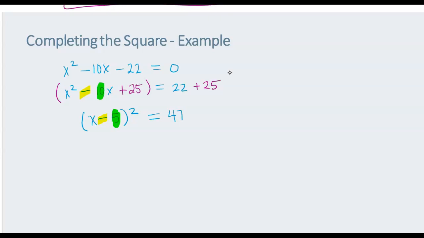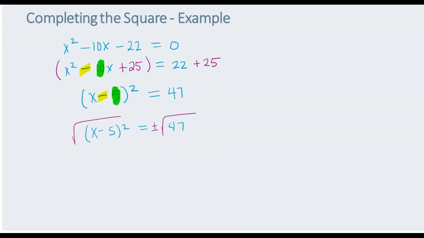Now I'll take the square root of both sides. And I know that I'm going to get either the positive or the negative as an answer. So x minus 5 is either equal to positive square root of 47, or x minus 5 is equal to the negative square root of 47.